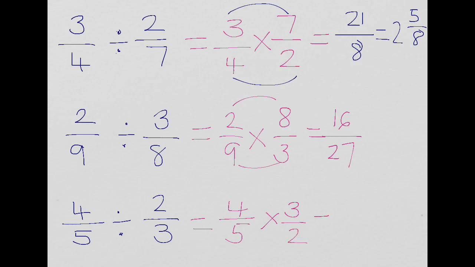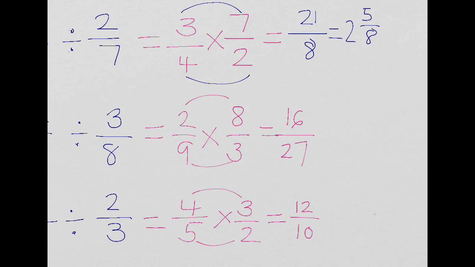So what would that be the same as? Press pause, write it down. So that would be 12 over 10. Can you simplify that? Draw those bars for me. And the answer is 1 and 1/5.